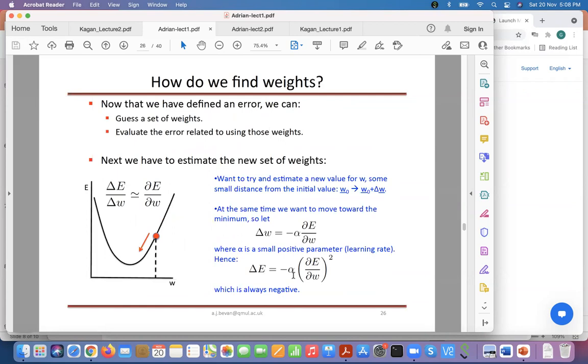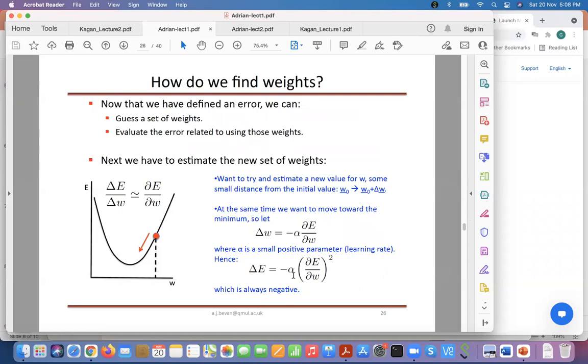So this is the way we said you start with some set of weights and evaluate the error corresponding to that, and then you slowly change the weight by delta from the initial value, and then you see which direction you are moving. Are you in the right direction?